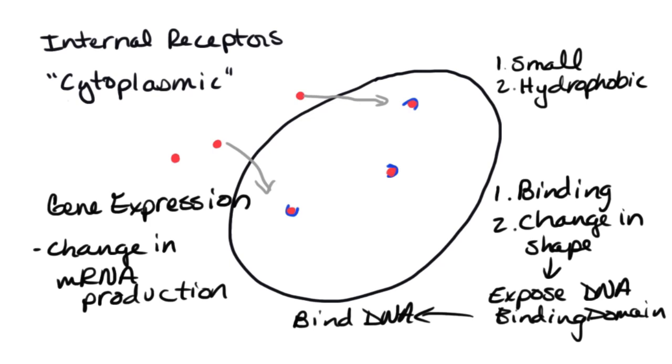And that in itself is going to cause this change in the RNA production. So that overall process where we actually bind to the DNA and we change the production of mRNA, we're going to increase RNA production or maybe even decrease RNA production, but that is what we call gene expression.